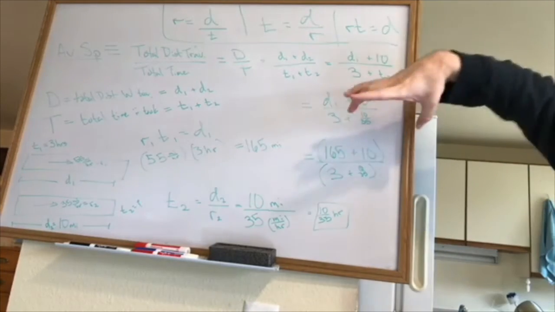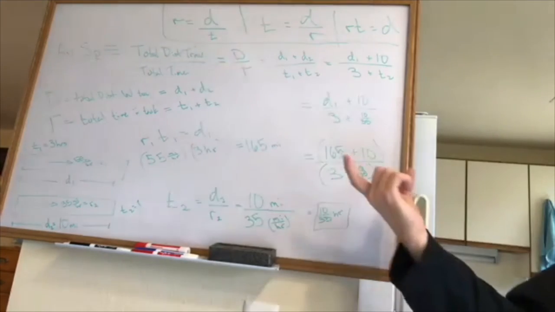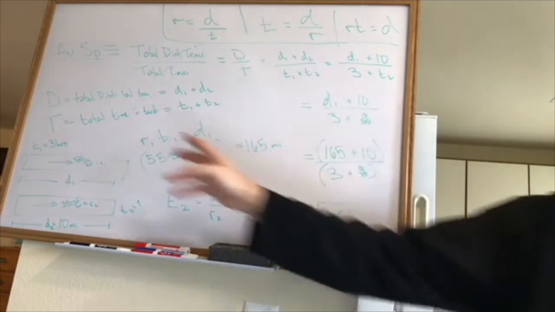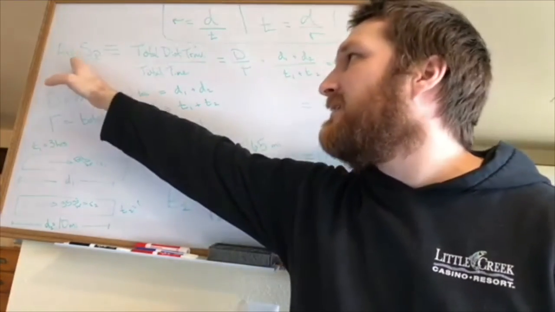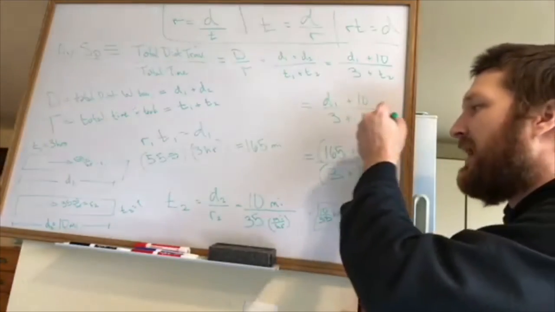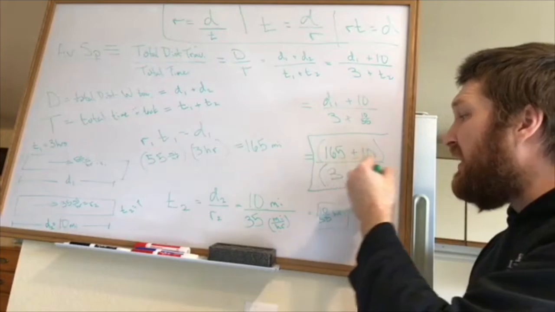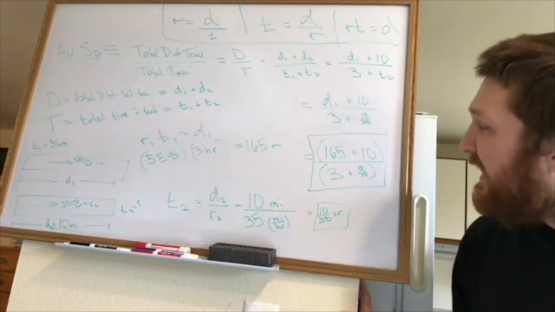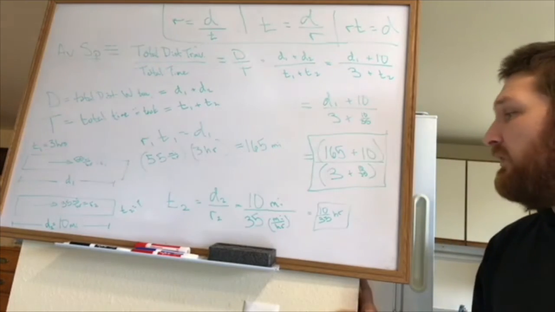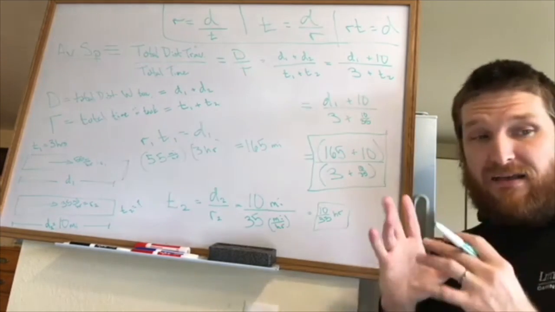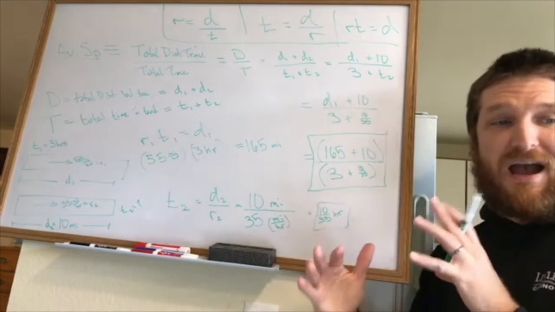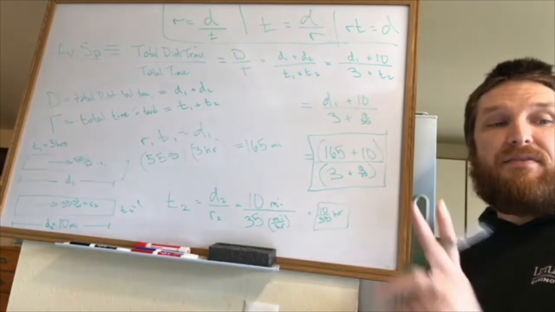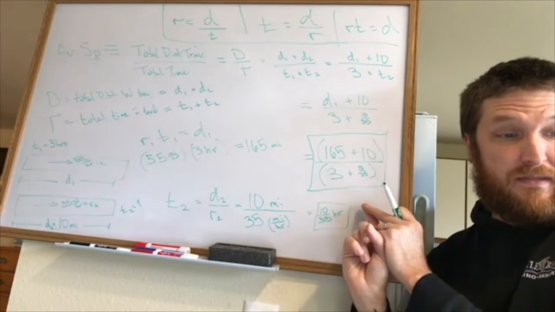And so if I take the total distance over the total time, I get what we have defined as the average speed. That is your answer right there. If you want, you could leave it like that. You could plug it into a calculator. You could make it into a nice mixed fraction. I don't care, but this is what we're looking for right there. Good to go?